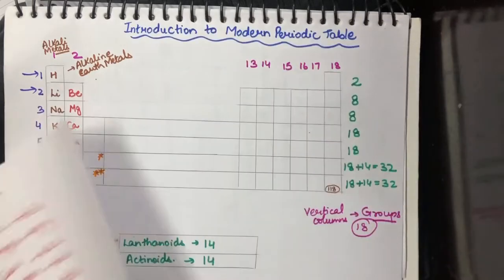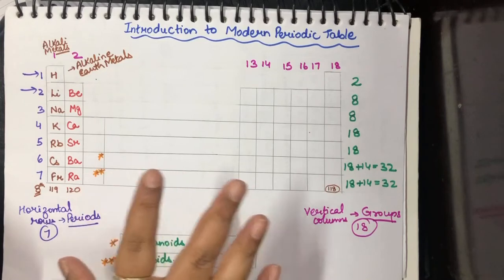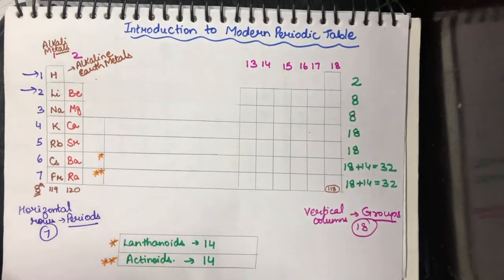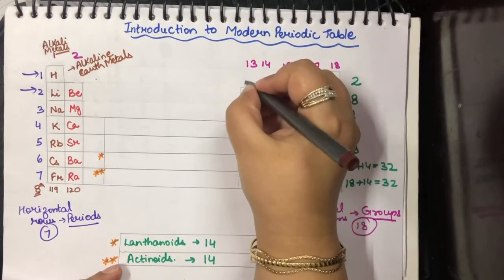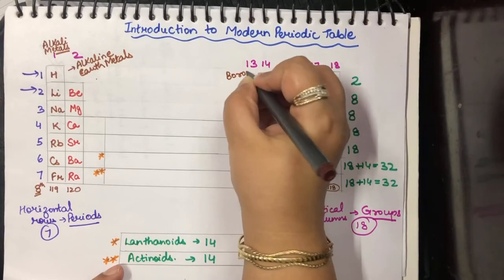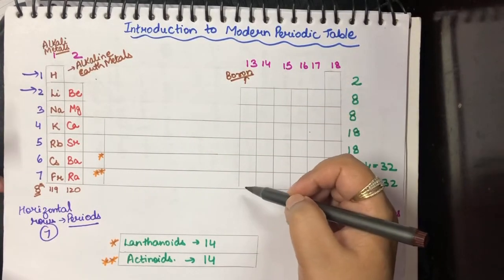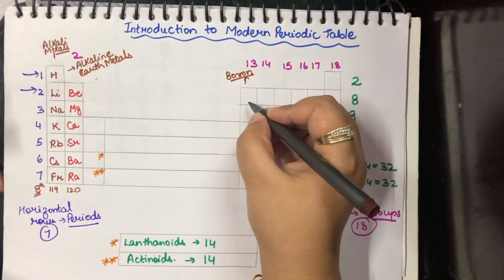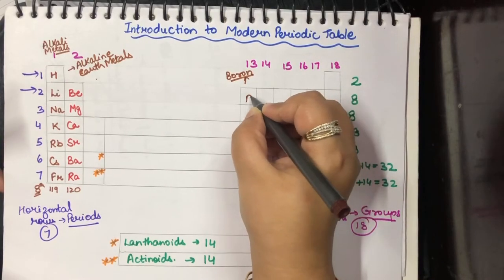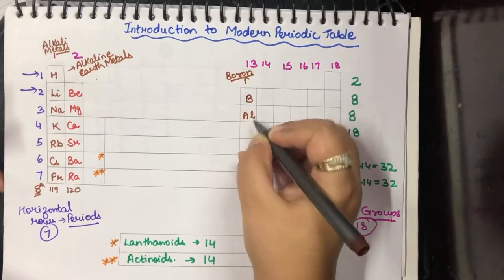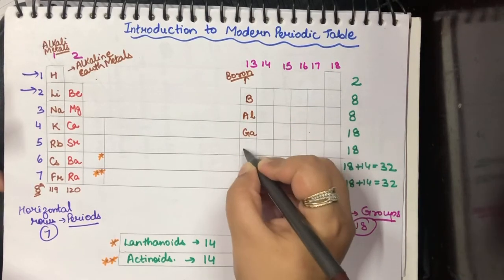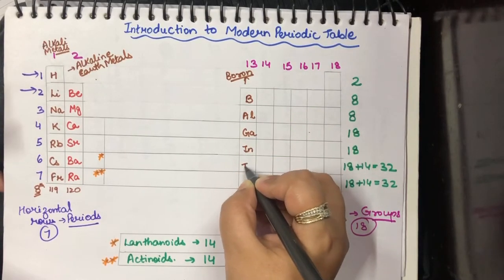Now, I am not going to talk about this right now. I will directly shift to my 13th group. My 13th group is also called the boron family because the very first element of the group is boron. And the names in the boron family are boron, aluminium, gallium, indium, thallium.